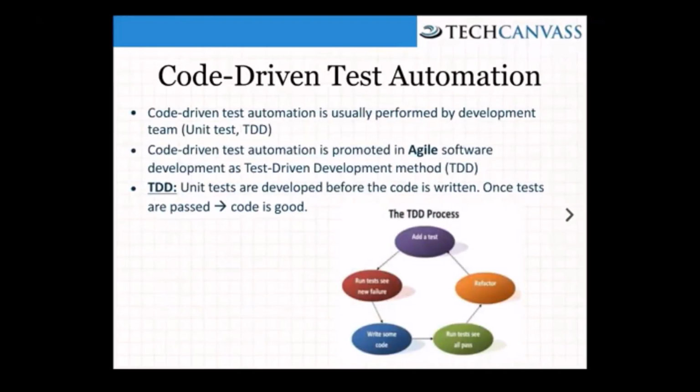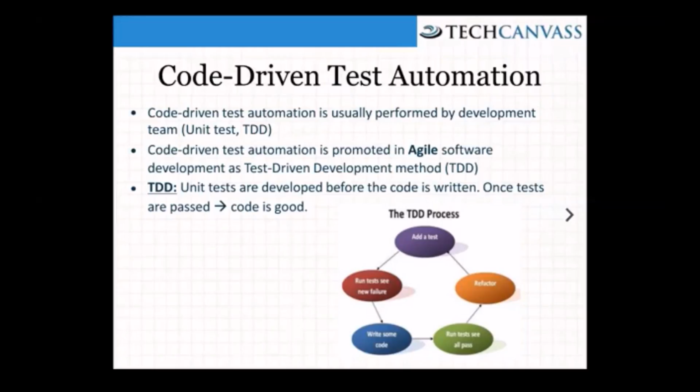Now, code-driven test automation or API-driven test automation is usually performed by development team, okay, which is done by unit testing, using JUnit, using such tools. Also, nowadays, approaches are coming up like TDD, which is test-driven development. In this, developers first write tests and fail them, because without code, tests will fail, right?